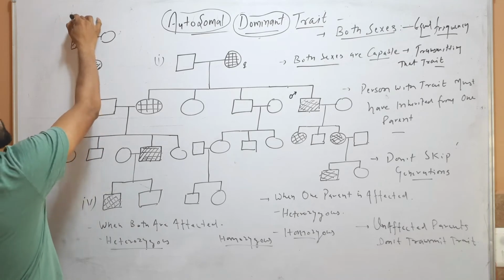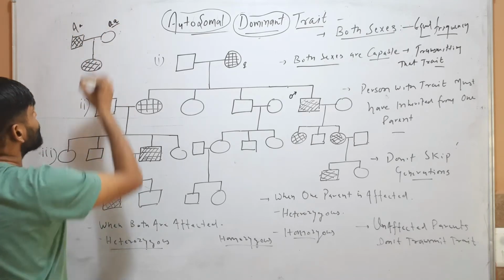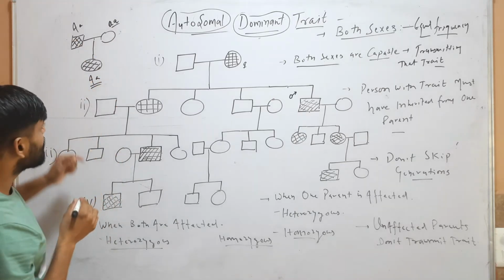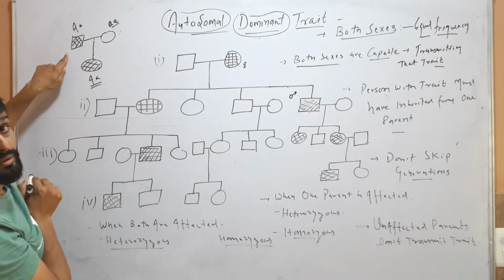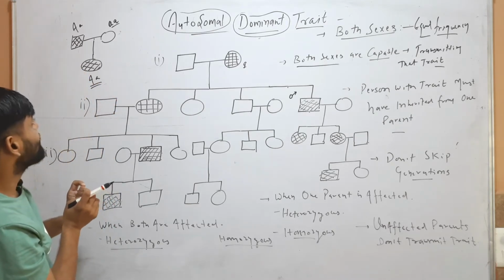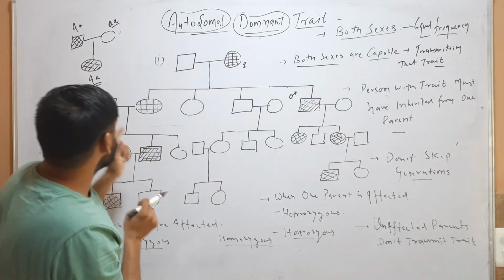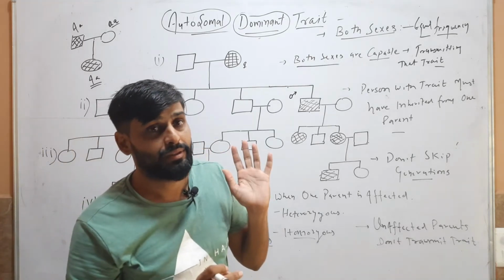Suppose this is capital A, small a, and this is small a, small a. In that case, the offspring will be capital A, small a, because it is showing that trait. So it has inherited that capital A from this parent. So always, in case of autosomal dominant trait, affected offspring always have affected parents.